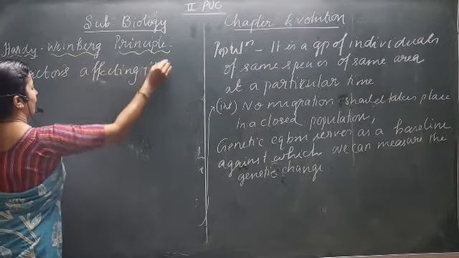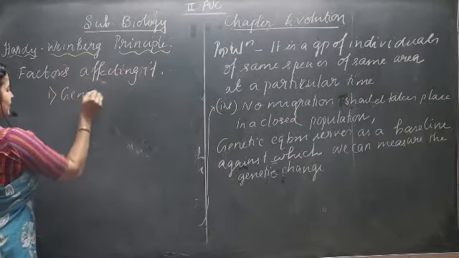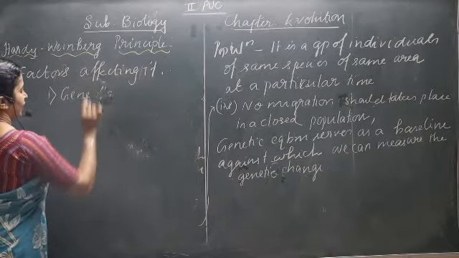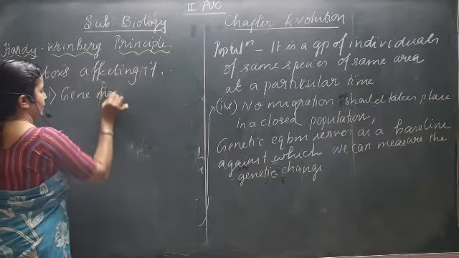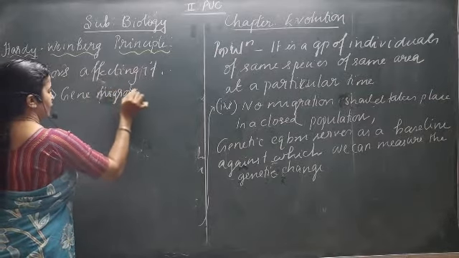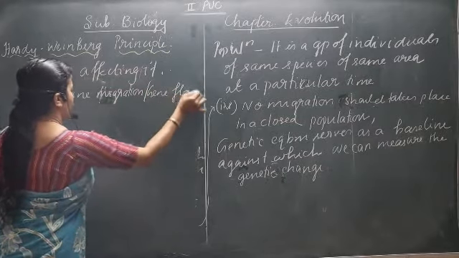So what are the factors affecting it? It is gene migration or gene flow. We can write it as gene migration, or you can also name it as gene flow.